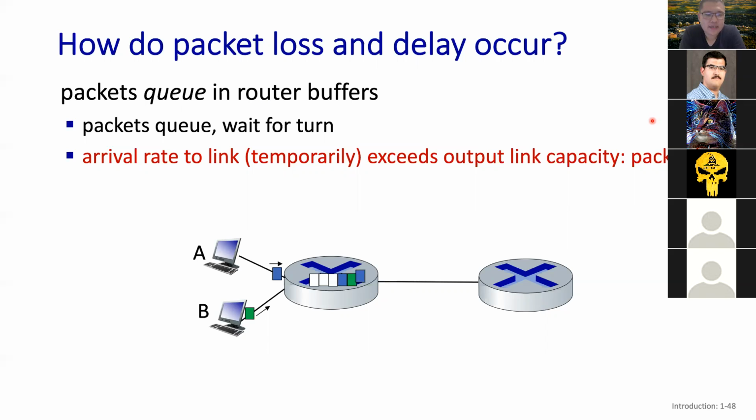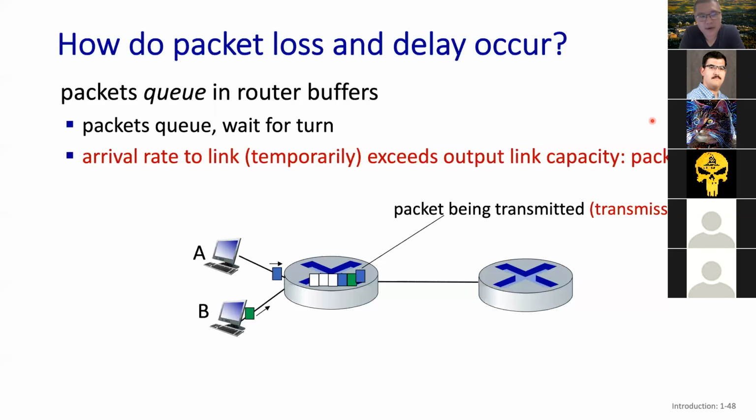As I mentioned, the packet needs to be queued and wait to be transmitted. If the arrival rate to the link exceeds the output link capacity, the packet will be lost. So it will introduce packet loss.